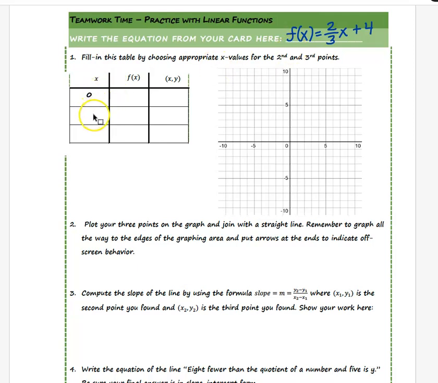And remember, you want to choose x values that are going to make it easy for you to get answers that won't be decimals or fractions there. So a hint to that would be to choose x values that are multiples of 3 on this one, because the denominator is 3. If the denominator was 4, choose multiples of 4. If the denominator is 2, choose multiples of 2, and so on.